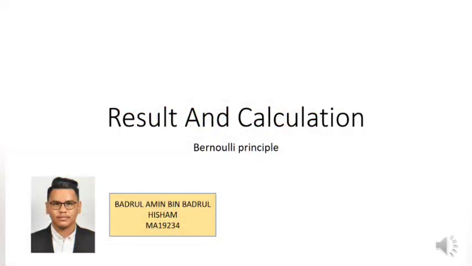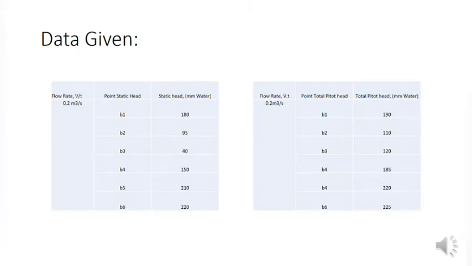Assalamualaikum warahmatullahi wabarakatuh. My name is Badru Amin bin Badru Hisham, MA19234. I will continue the presentation about the result and calculation for the Bernoulli principle experiment. Okay, we have here the data given, which is the time and the volume.